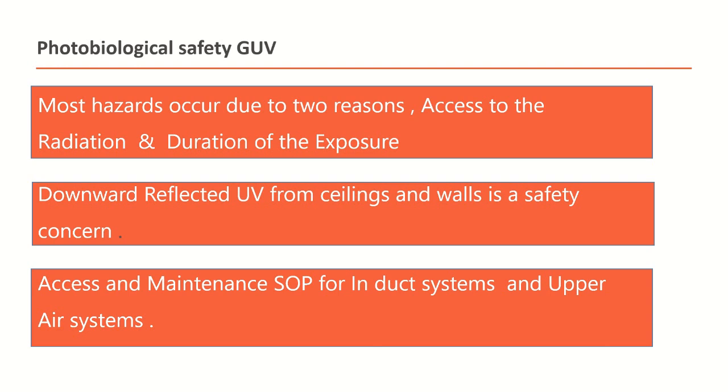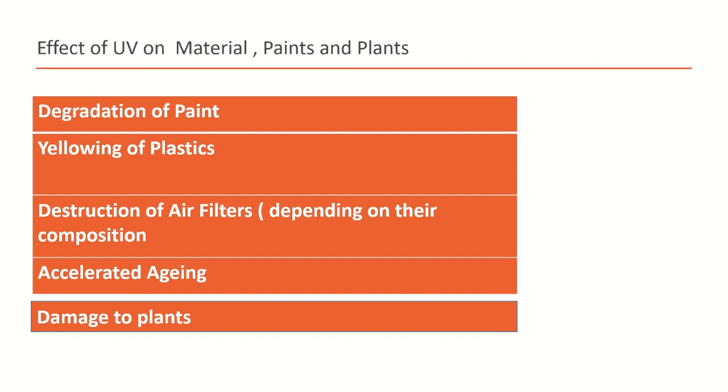These are some effects of UV on materials. For example, there is a very bad effect on paints, which ages the paint very fast.